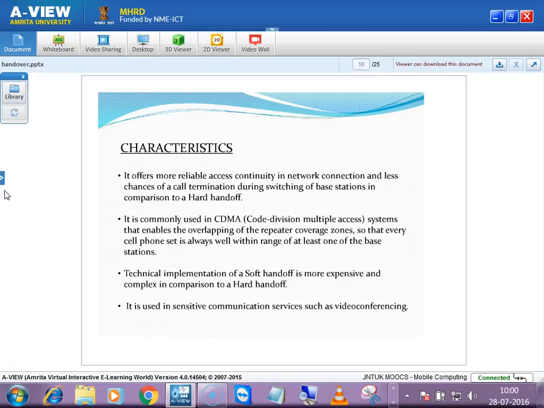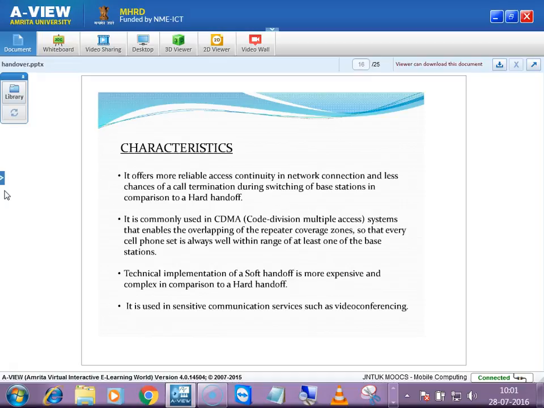Then your call will be terminated, but there is no chance of that here because you will be establishing connection beforehand. If it is unable to allocate resources or serve you, it will intimate you, and you will continue with the previous base station only.